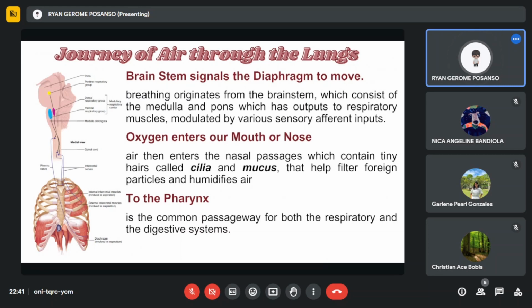Next, air passes into the pharynx. The pharynx is the common passageway for both the respiratory and the digestive systems.